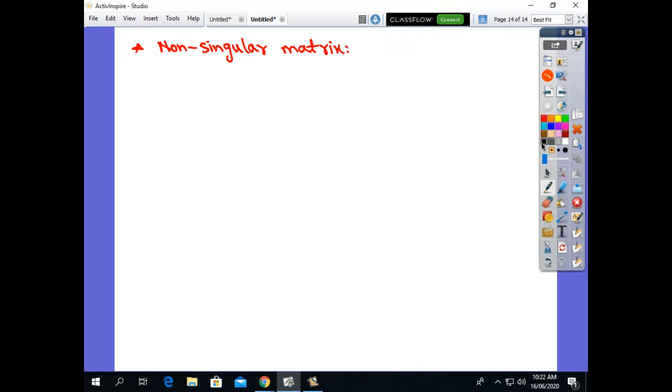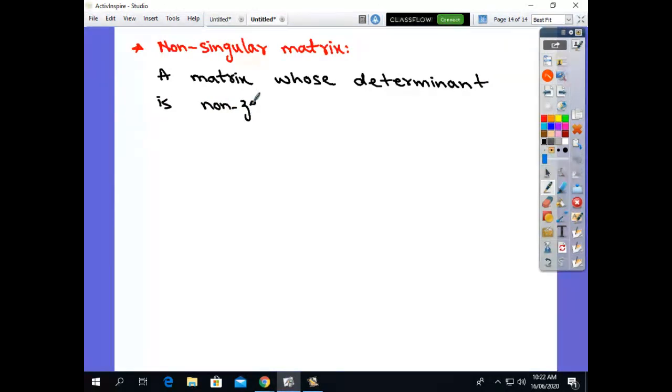A matrix whose determinant is non-zero, whose determinant value is non-zero, is called a non-singular matrix. Any matrix whose determinant value is non-zero is called a non-singular matrix.